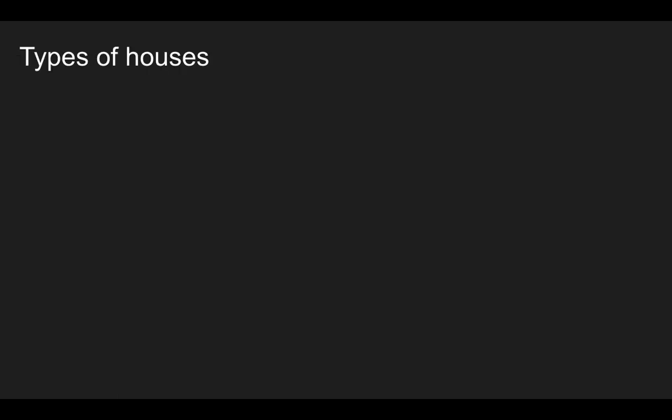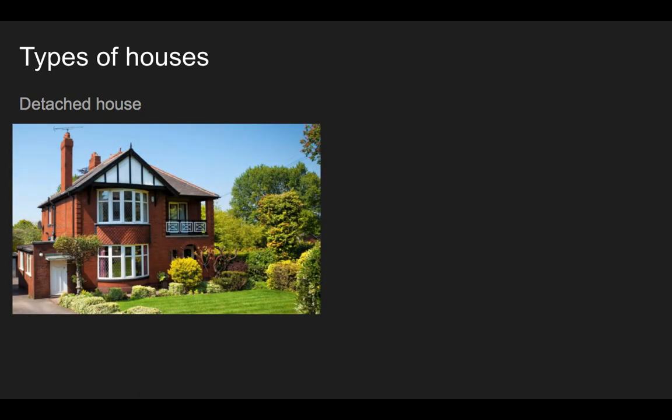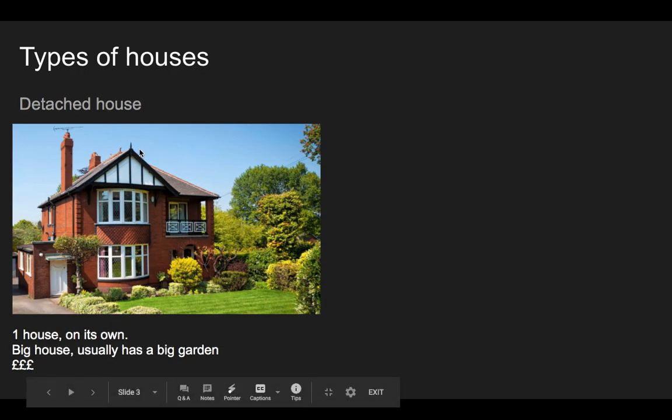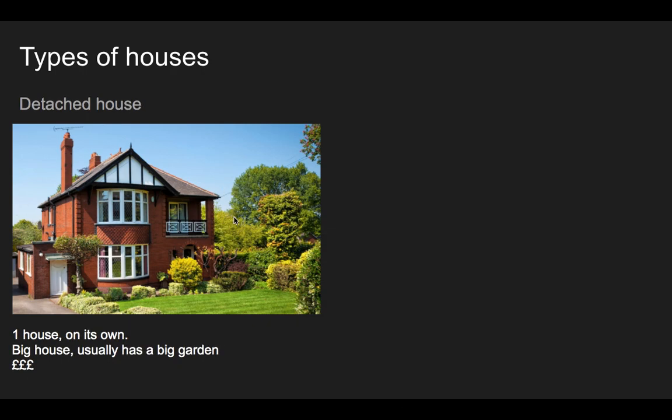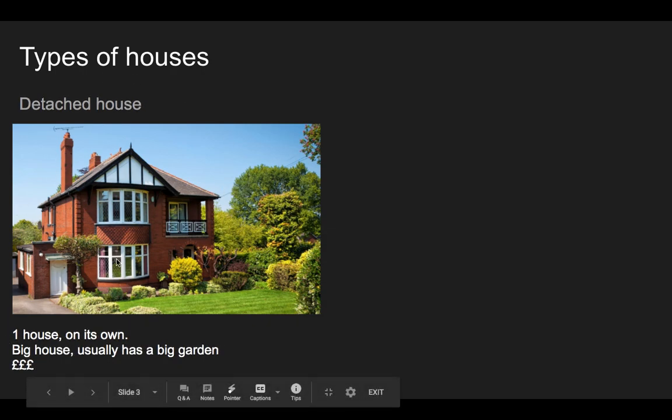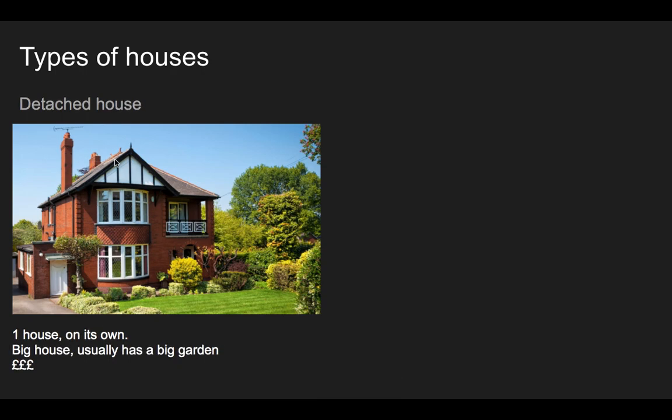Okay, so let's start with houses. Different types of houses in the UK. First, we have the detached house, which looks a bit like this, which is one house just on its own. There are no other houses, no neighbours. It's usually a big house, maybe 2 floors, 3 floors even, and usually it has a big garden as well.